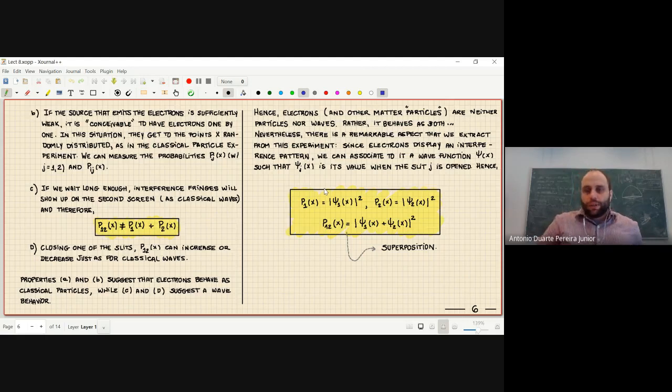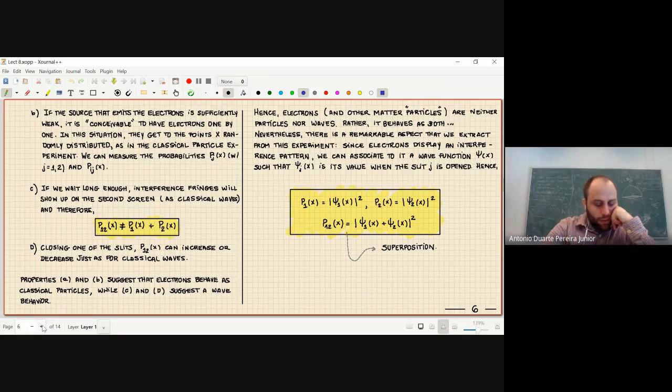So for us, and also to keep the discussion down to earth in the first approach, I want you to view the wave function as a mathematical device that tells you how to describe the wave behavior of the electron, okay?